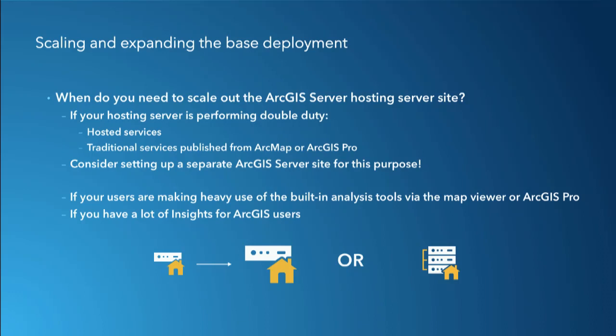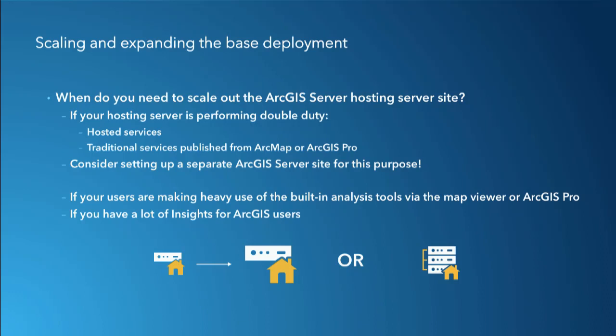But it's also serving as the hosting server, which means it powers those hosted feature layers. It also powers those analysis tools. So again, if somebody goes in to the portal map viewer, clicks the analysis button and creates some buffers, well, there's some compute that has to happen somewhere to actually generate those buffers, or whatever the analysis is. And that somewhere is the hosting server. So it's doing multiple different things.